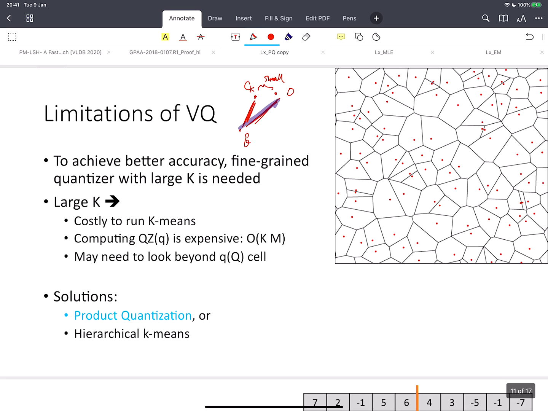The other thing is that computing the cell where the query is located is also very costly. The cost is that you need to compare with all the k centers or code words, and each one is a d-dimensional vector, and the computation takes O(d).